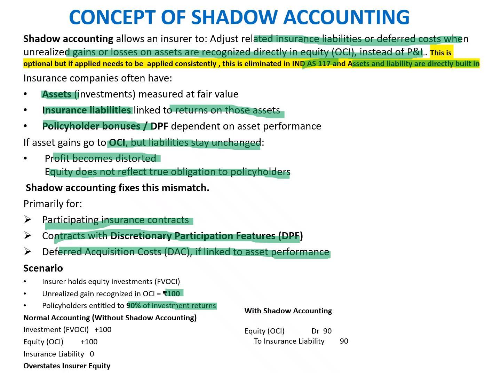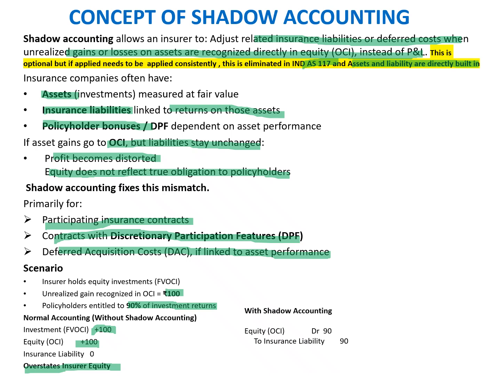So if my investment in FVOCI is there and I credit my equity, which is the OCI, that is the wrong accounting here, because my investment in OCI definitely got increased but my equity has not increased by 100, because out of this 100, 90% is going to go to my insured people because they are linked with the outcome of the asset policies. So it overstates the insurer's equity if it is not shadow accounting.